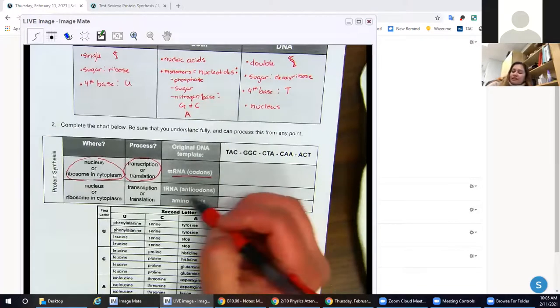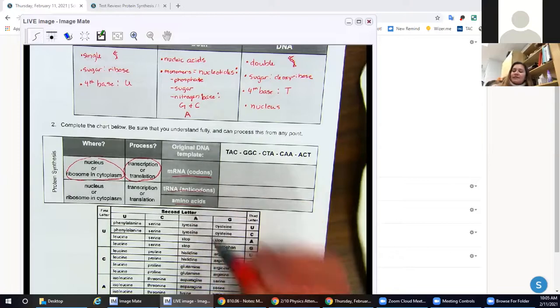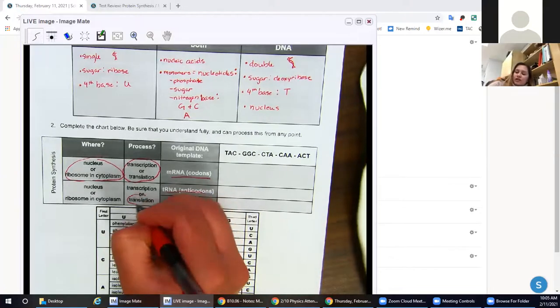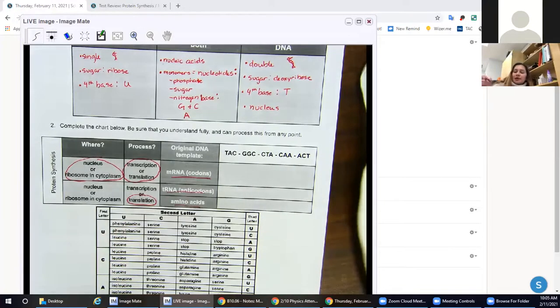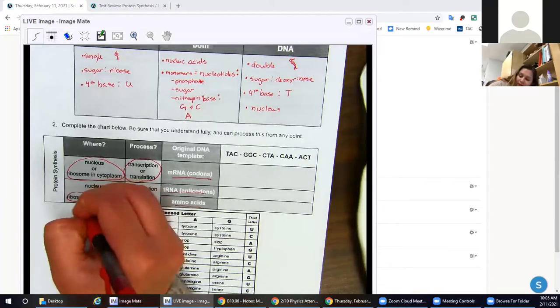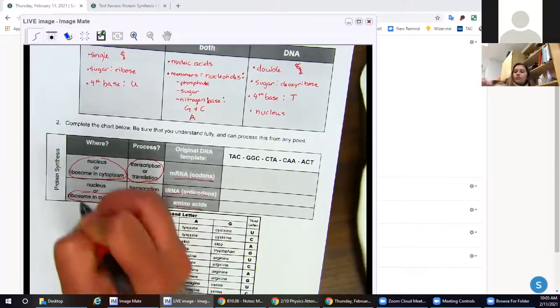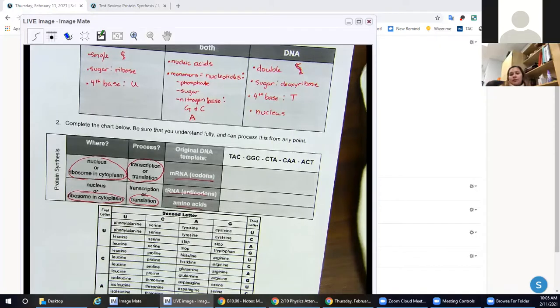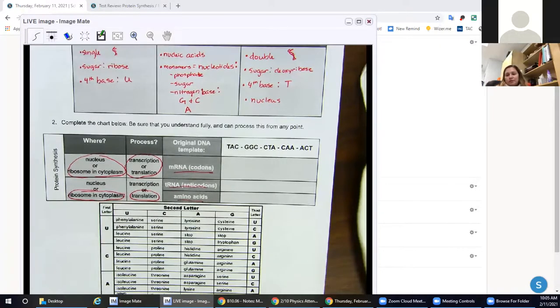Then we have our tRNA and our amino acids. Those only play a role in translation because they're only occurring in the cytoplasm. So tRNA and amino acids only in the cytoplasm, only with translation. mRNA is both in the nucleus and the cytoplasm, and it's both transcription and translation.